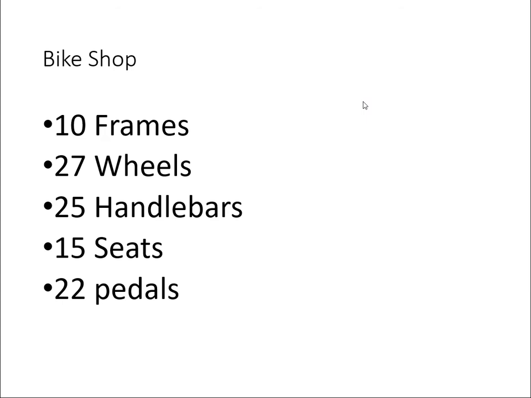And what did you do? In your head, very quickly, you said, well, with my frames, and I'm going to math it up with dimensional analysis, but this is what you did in your head, for every 1 frame, I can make 1 tricycle. So I could make 10 tricycles. With the wheels, I need 3 wheels for every 1 tricycle.